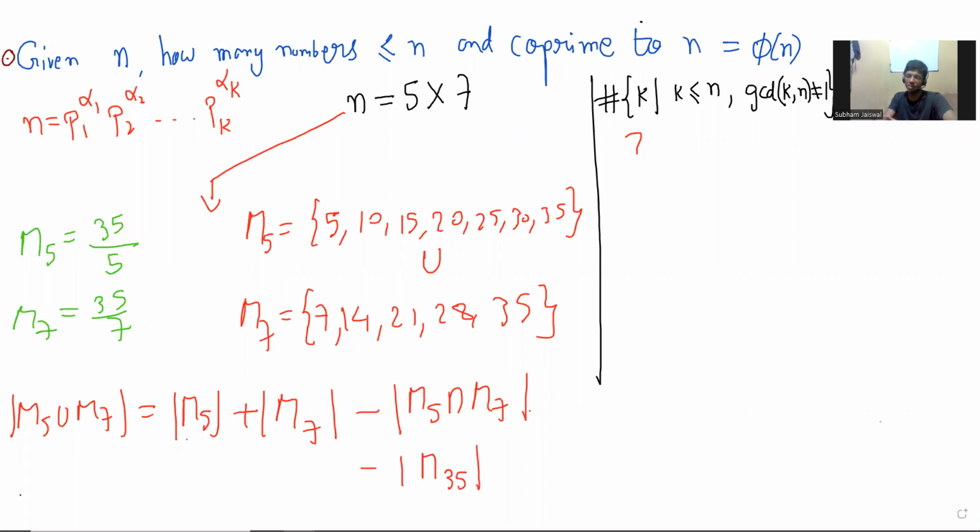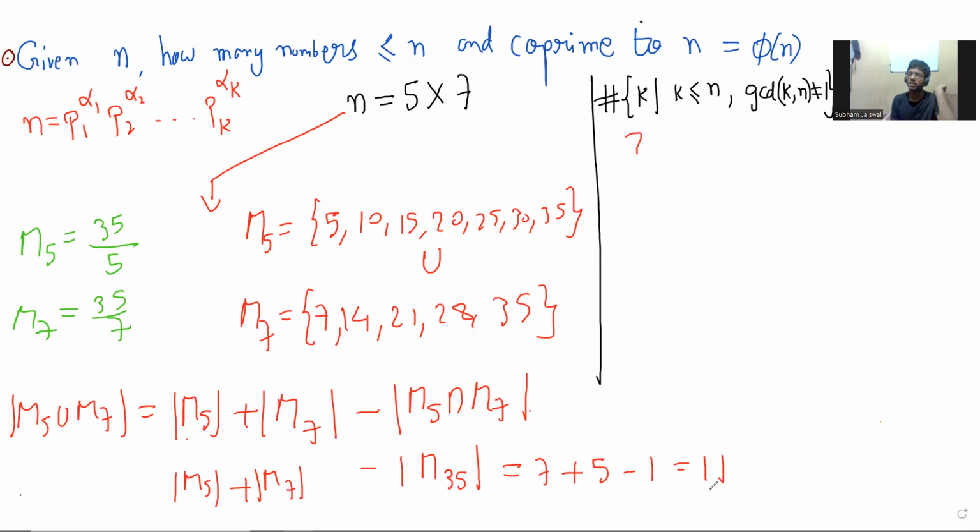In this case it turns out to be easy, but you agree that something which is a multiple of both 5 and 7 is a multiple of 35. We just subtract the overlap, and you know that this is the method. So M5 is 7, M7 is 5, and M35 is 1.